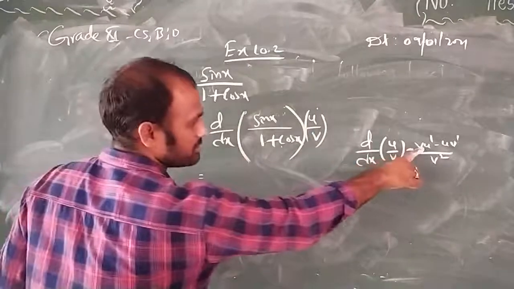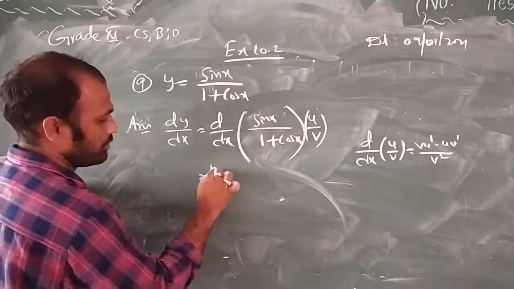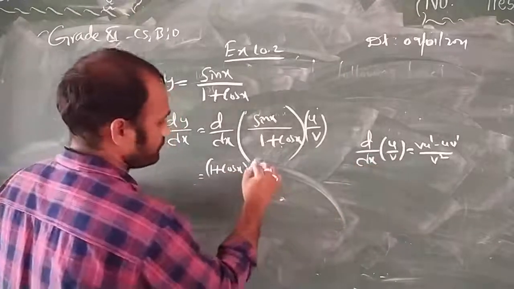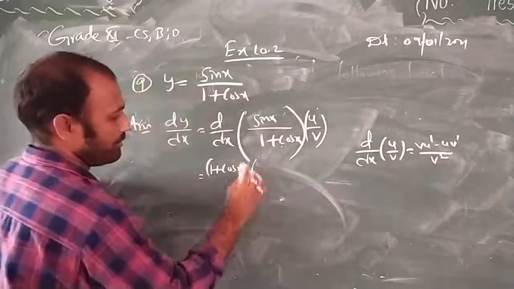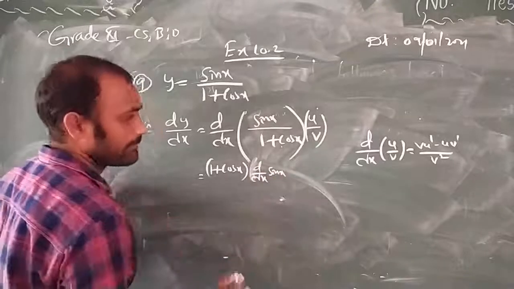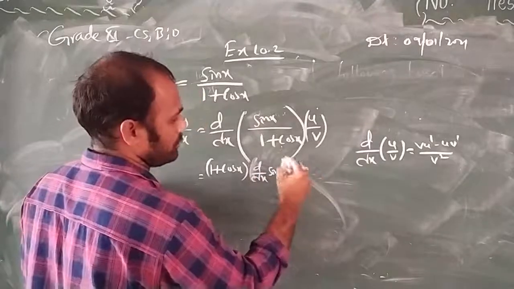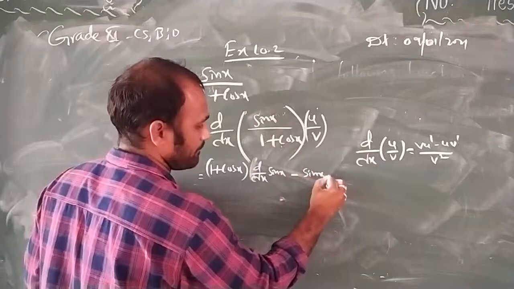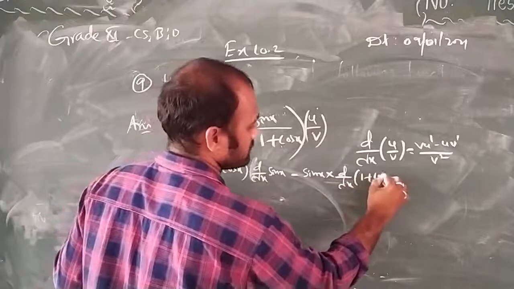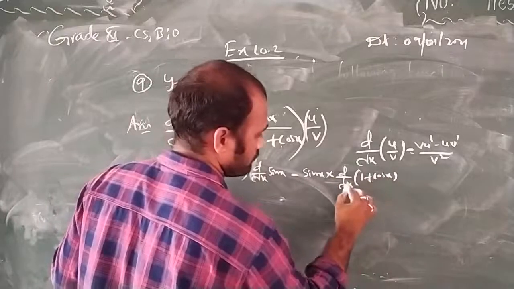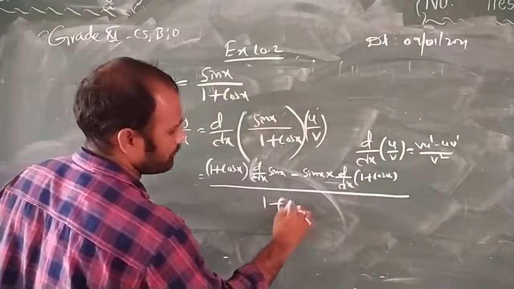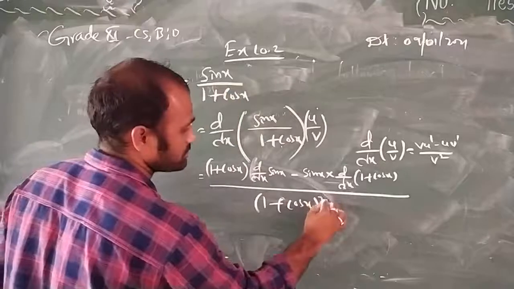So first denominator function as it is, that is 1 plus cos x, into u dash, derivative d by dx of sin x, minus numerator as it is, sin x, into derivative d by dx of 1 plus cos x, divided by v square, so 1 plus cos x whole square.